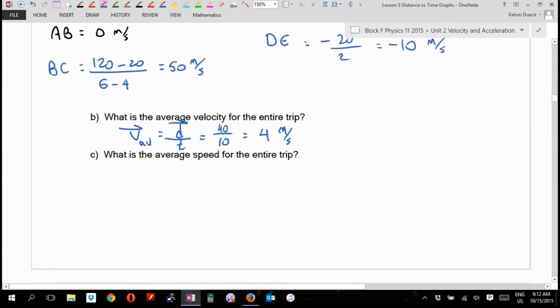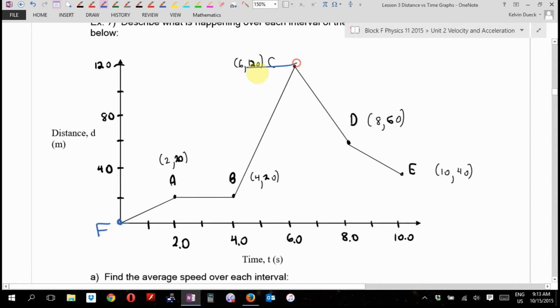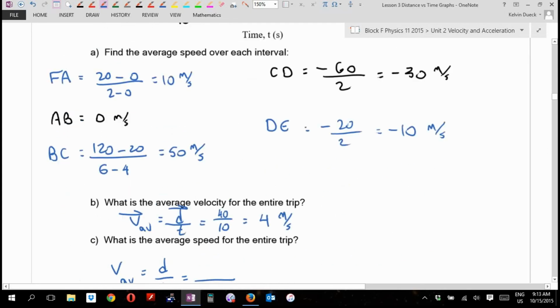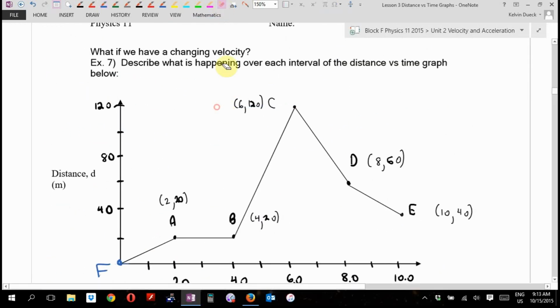What's the average speed? Well, average speed, which is V average without the vector sign, is going to be distance over time. It's going to be over 10. I'm going to break the distance up, Cohen, into traveling forwards and then traveling backwards. How far did I travel forwards? 120? Plus. And then I started traveling backwards, and I went that far.